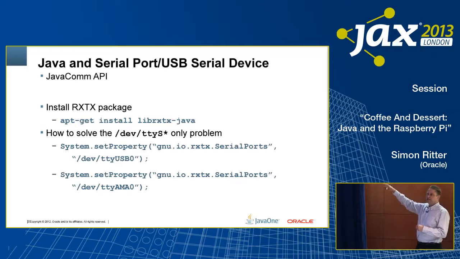It assumes that anything else is not a serial port. So there is a way around that, and so you need to set properties in order to say, okay, I want to use something other than /dev/ttyS, and you say, in this case, I want to use /dev/ttyUSB0 or ttyAMA0, and that will configure the system so you can then talk to that directly.